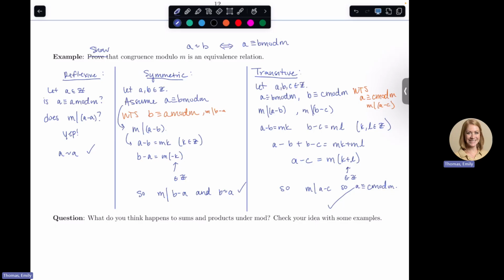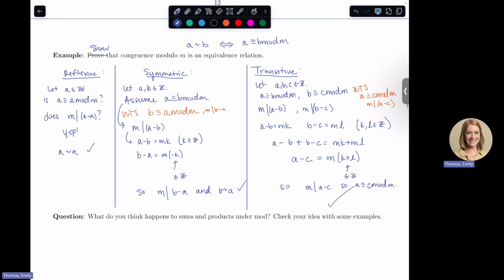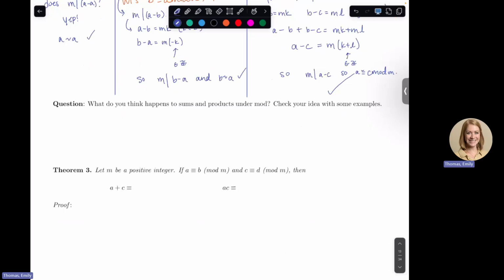All right. What else we got? Nothing. Okay, let's go. What do you think happens to sums and products under mod? I don't know. Well, if I know that 5 is congruent to 2 mod 3, and I also know that 4 is congruent to 1 mod 3, what happens if I multiply?